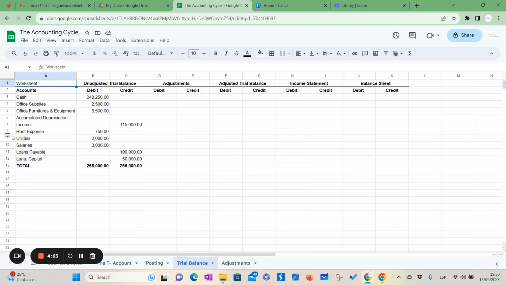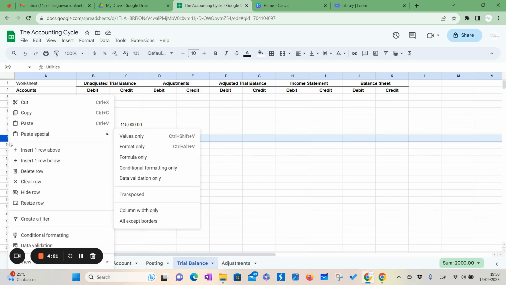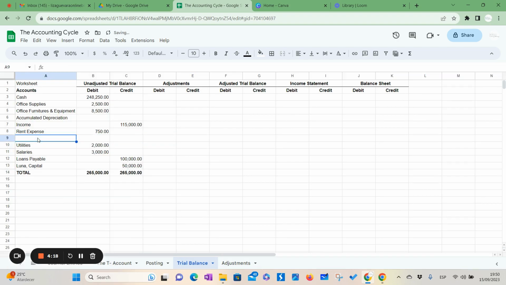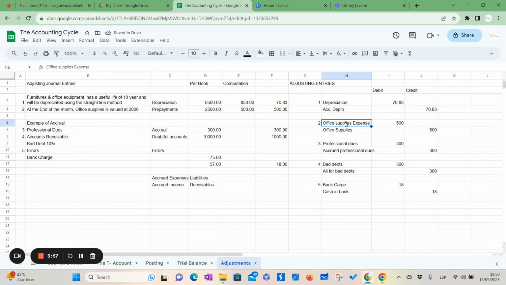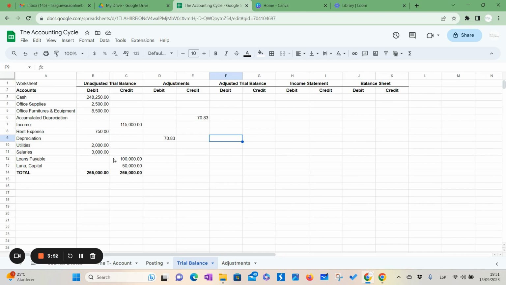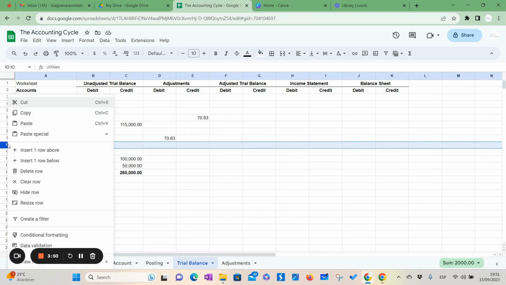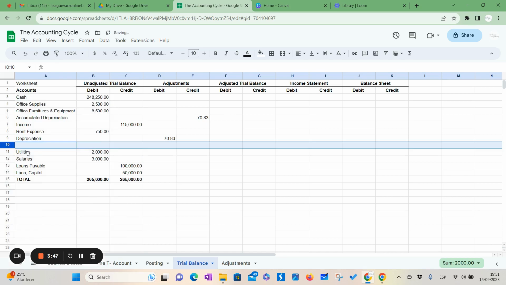Let's put depreciation here. Depreciation in the amount of 70.83 and accumulated depreciation of 70.83. Next, we have the adjustments for the office supplies. Let's put the expense here.